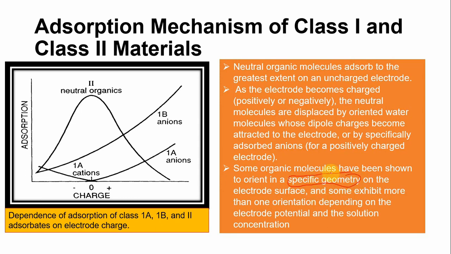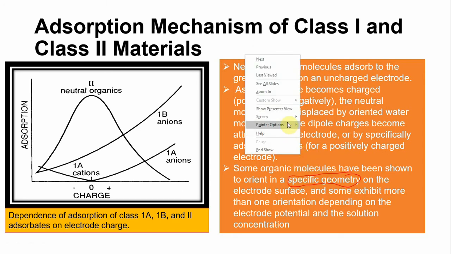For example, if you are working on capacitor material, then geometry will be really important, and it will somehow restrict the adsorption of certain ions and allow the adsorption of others, and this way a certain type of electrical double layer can be formed which will affect the performance of the capacitor material.